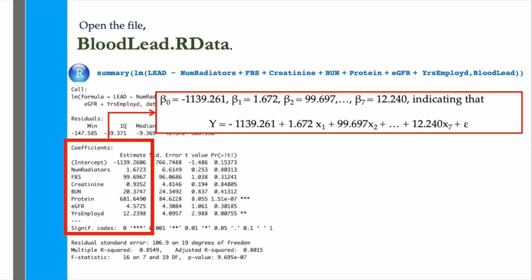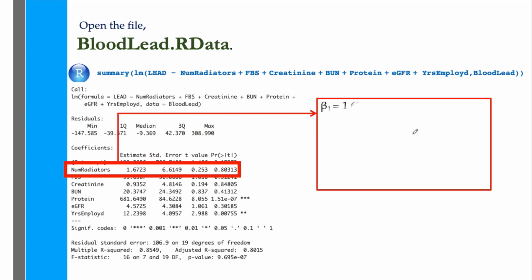Now, since the ANOVA tells us that there is at least one predictor found, we're going to test all the betas individually, starting with beta sub 1. So your null hypothesis here is that beta sub 1 is 0, alternative, beta sub 1 is not 0. And then take a look at the p-value, which is 0.803. Now, given that p-value, should we reject the null? Since it's greater than 0.05, we're not going to reject the null.